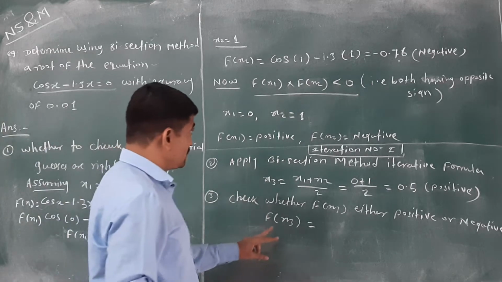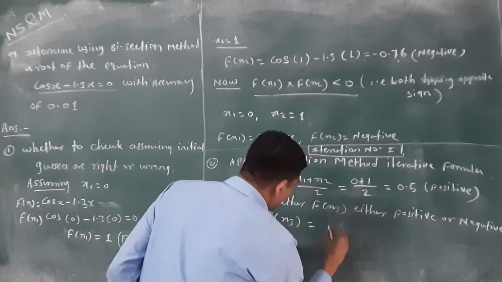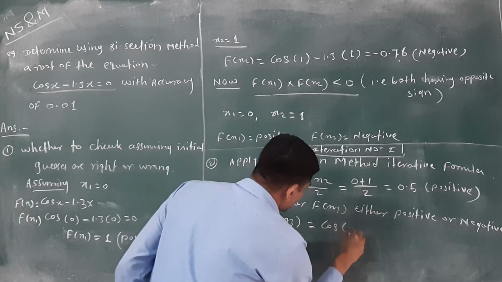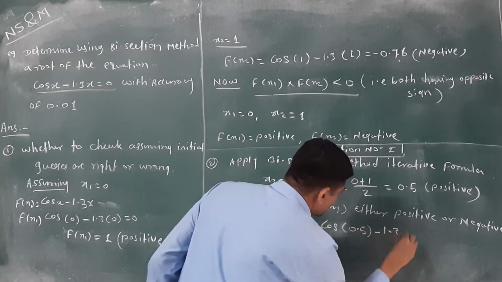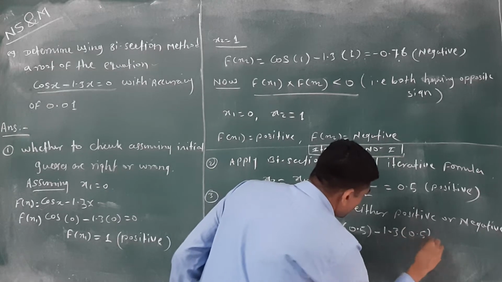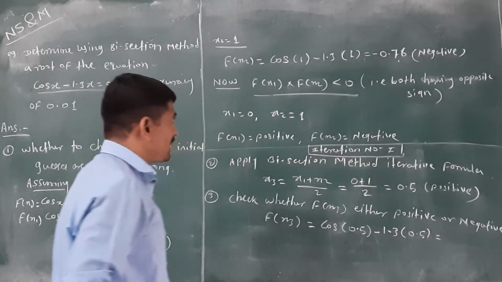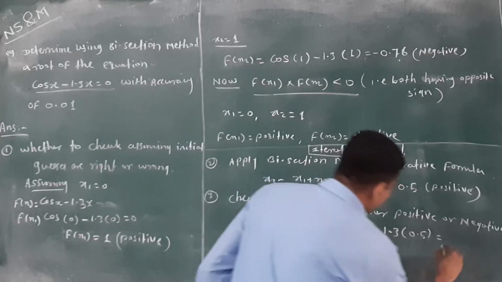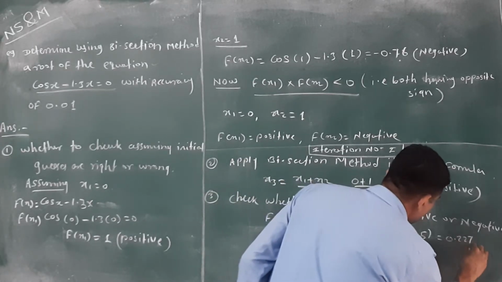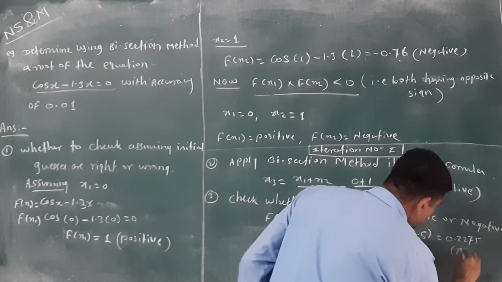F of x3 is equal to what? We have the value cos 0.5 minus 1.3 into 0.5. When you calculate that value, you will get 0.2275. This value is positive.